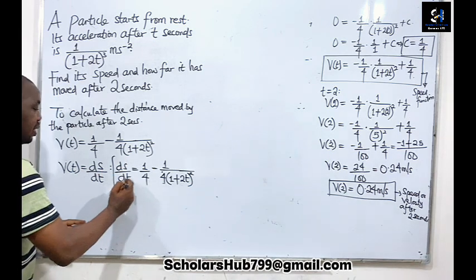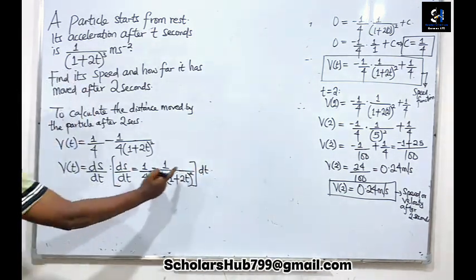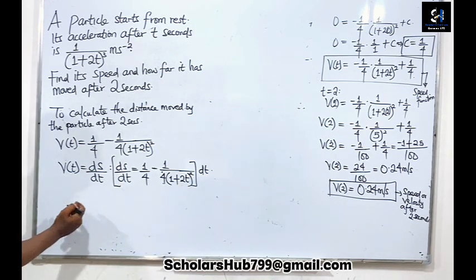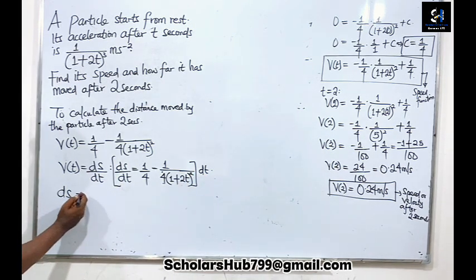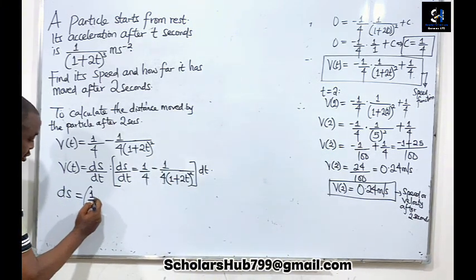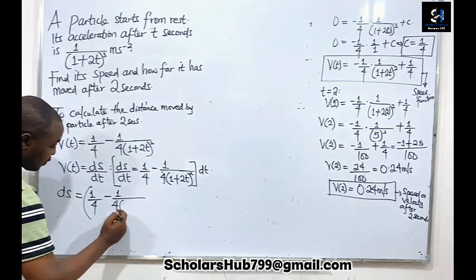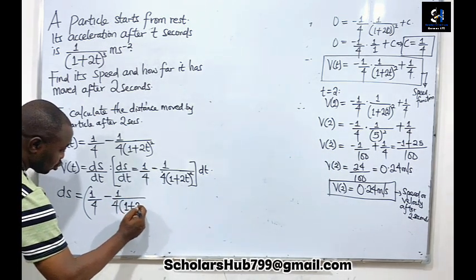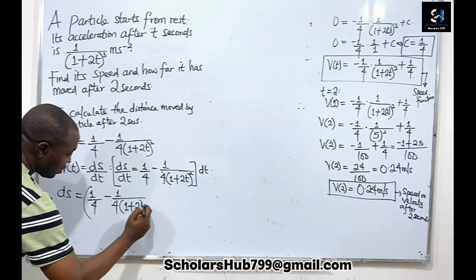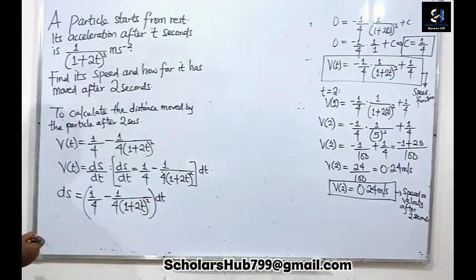Now let me multiply through this equation by dt, so that dt multiplied by ds/dt will be ds, and the right-hand side will be (1/4 minus 1/4 (1 + 2t)^2) dt.